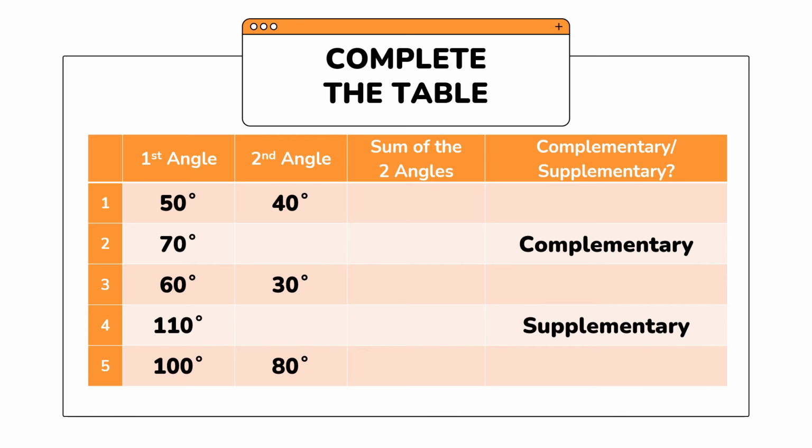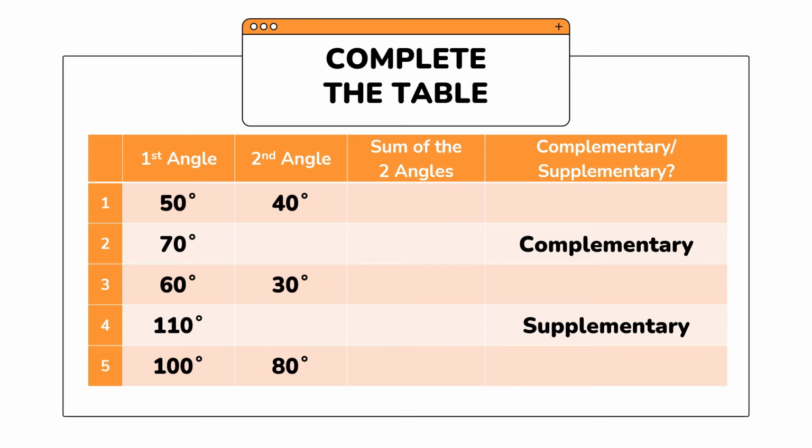So we're going to get its complement. Correct. So 90 minus 70, the measure of the second angle would be 20 degrees. Okay. Now, the sum of these 2 angles, 70 plus 20, will get 90.